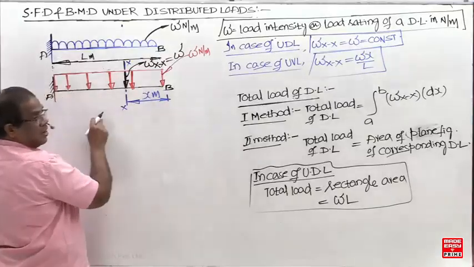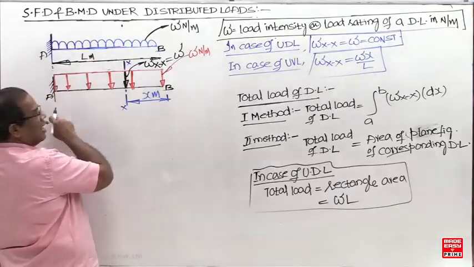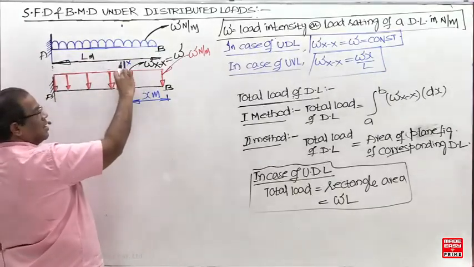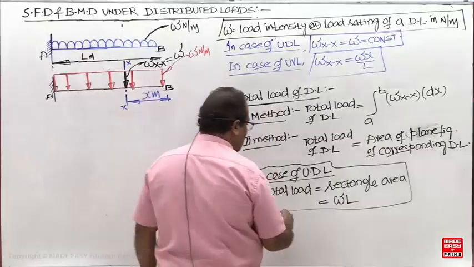What is the limit for x now? Lower limit is 0, upper limit is L. What is the intensity, what is this height now? W. If you go for the first method, what do I have to do now?